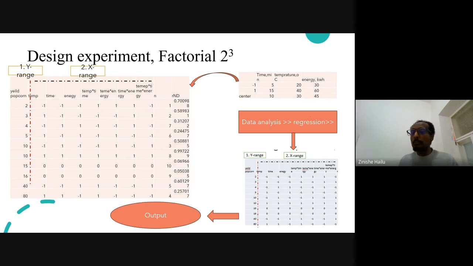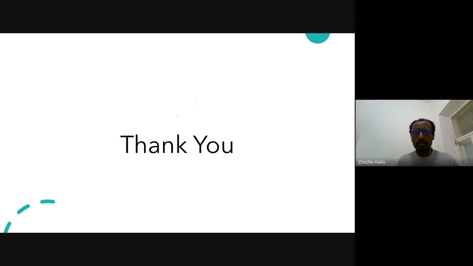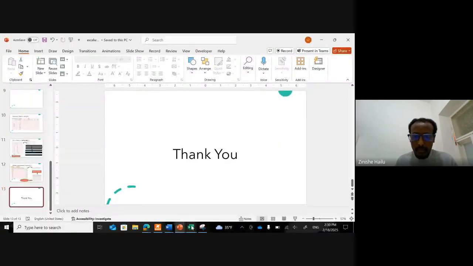Finally, using the data analysis tool with a regression model, we can predict which are the major coefficients of parameters that need to be controlled or optimized. So this is the last part of design of experiment. This is already the highlight of the theoretical aspect. Now we're going to the Excel part, the practical one.